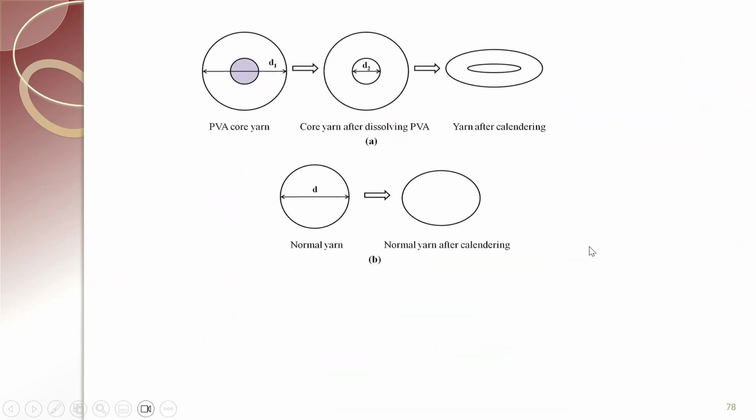Now, try to understand here. This is the PVA core spun yarn, where d1 is the outer diameter and d2 is the inner diameter.